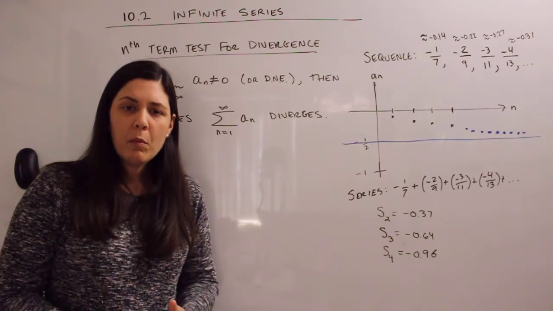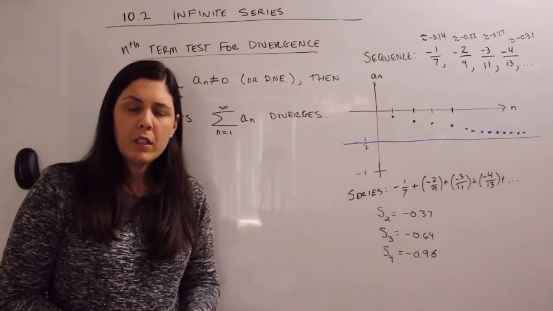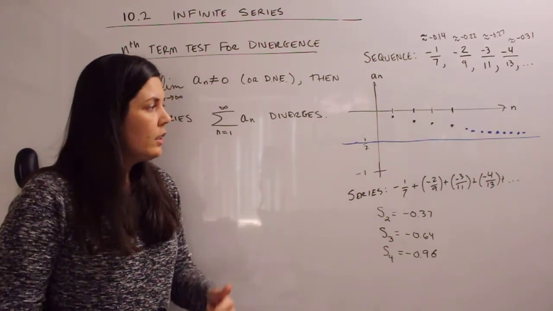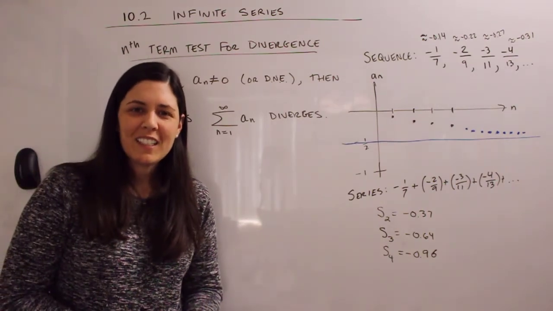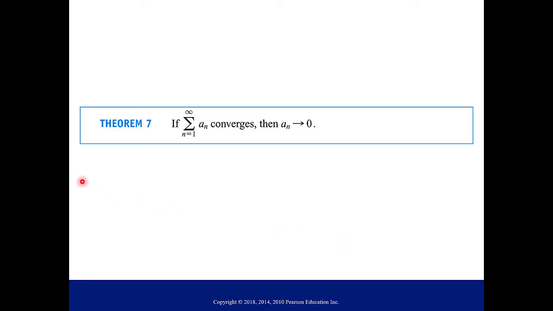Alright, I'm going to show you a couple more things on some formulas that you can use with converging series, and then that's it for this section. So a few last things to show you from this section. I just wanted to mention this theorem so that you are aware, but be careful again to not think that the opposite is true. Notice this represents a series because you're adding the terms of a sequence.